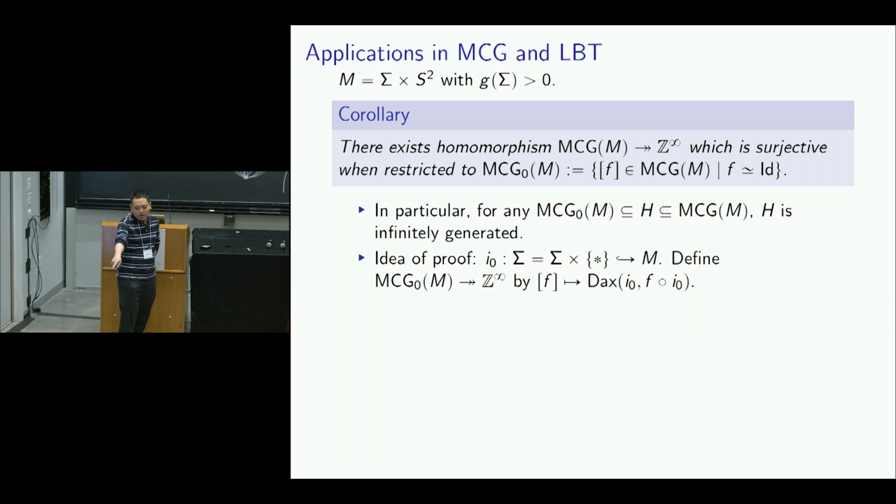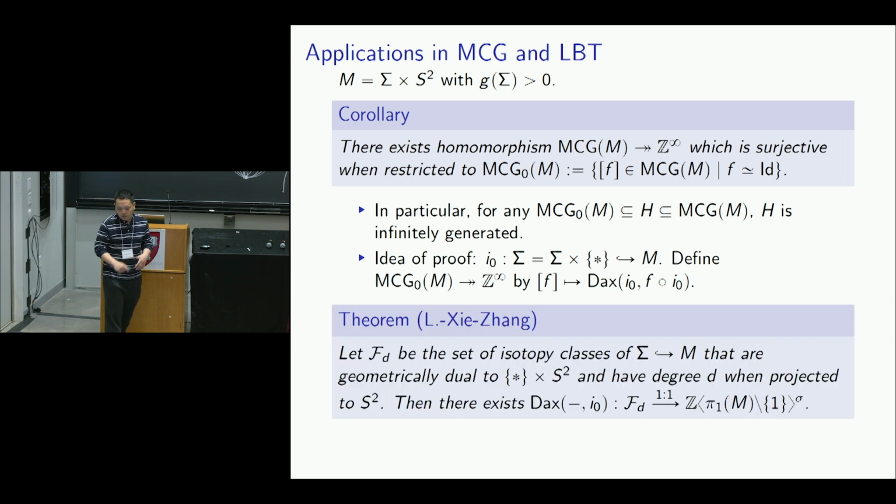This is not the homomorphism stated in the corollary. We need to do some algebraic modification in order to extend to the whole mapping class group. But basically, that's the idea. You just consider the standard surface and think about the relative Dax invariant between the standardly embedded surface and its image under a diffeomorphism.